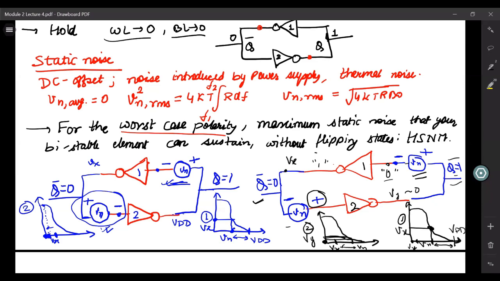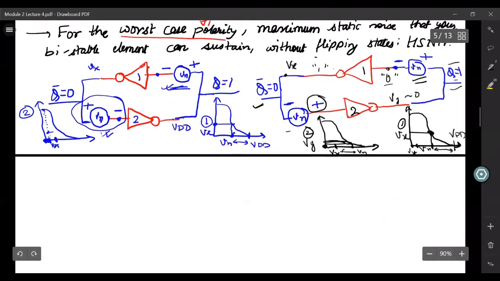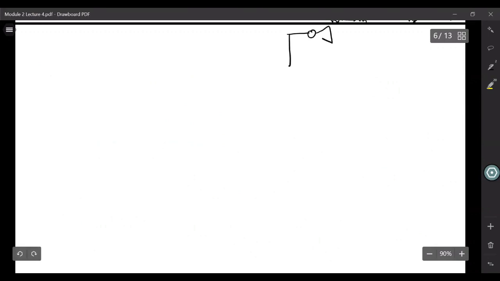So now let's look at how people measure this hold static noise margin. Let us say this is our structure: this is inverter 1, this is inverter 2.